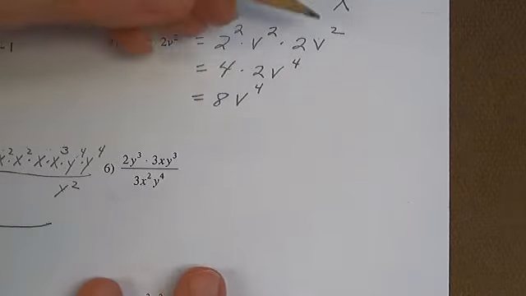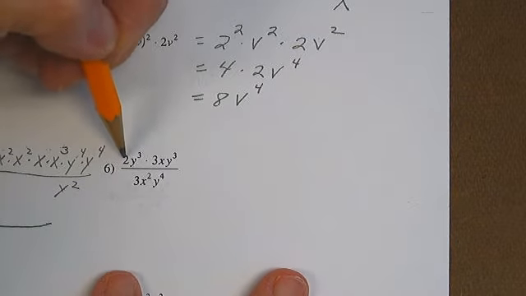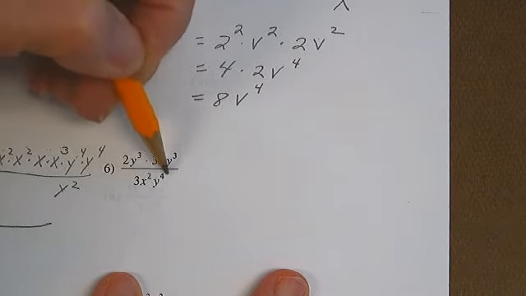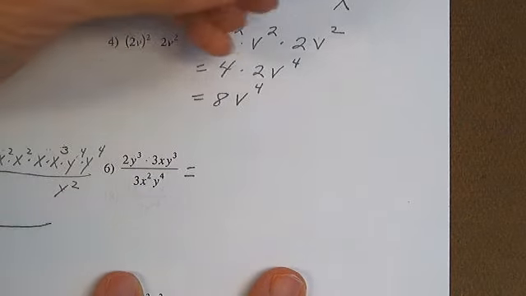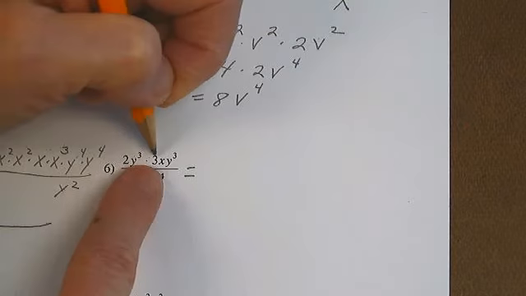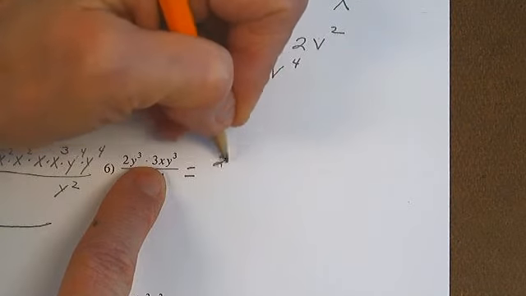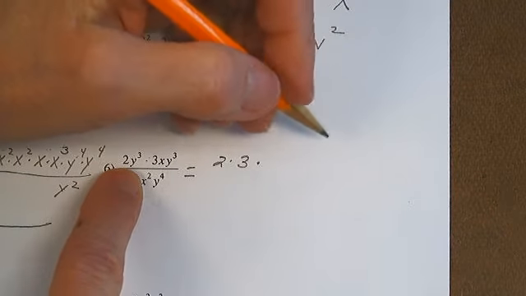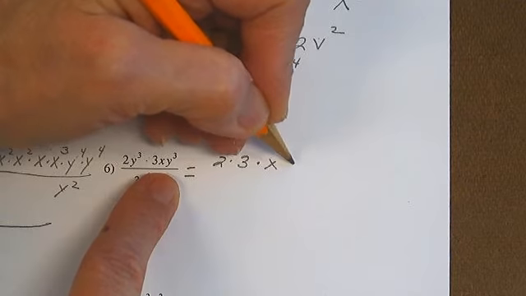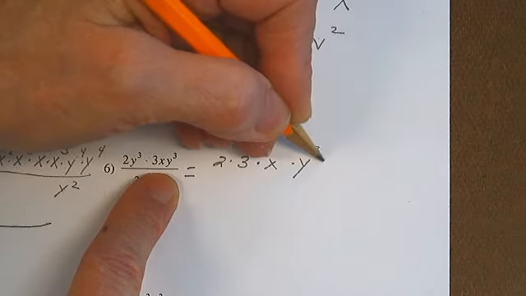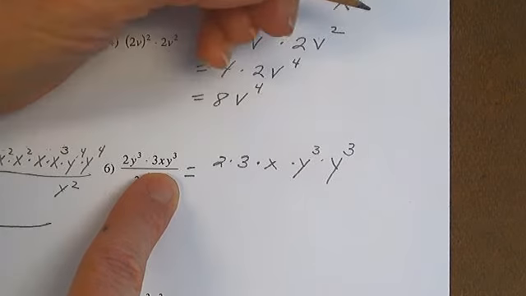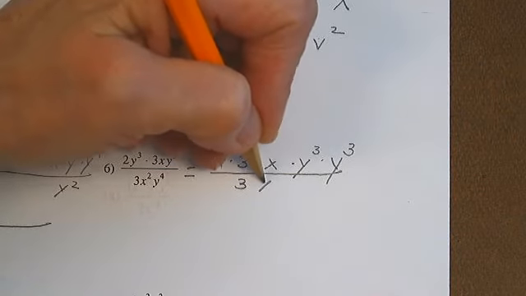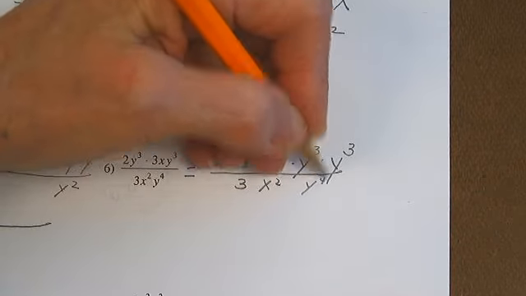Okay, what do we have for number 6? We have 2y cubed times 3x times y cubed over 3x squared y to the 4th. Okay, we have 2 times 3, I'm writing that first, 2 times 3, times x times y cubed times y cubed over 3x squared y to the 4th.